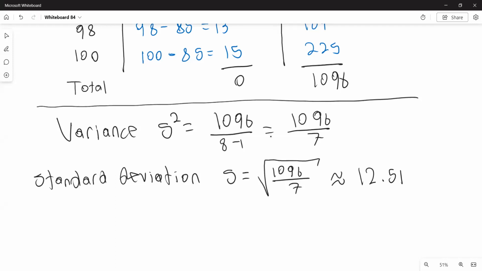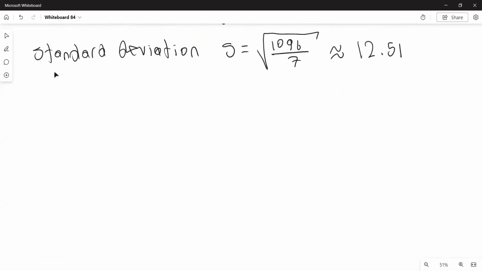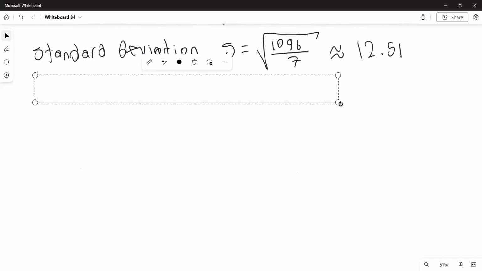Now you have a frequency distribution. You need to consider the frequencies. So it's going to be a longer table, but the procedure is going to be very similar. So that's the next example: the standard deviation for a frequency distribution.